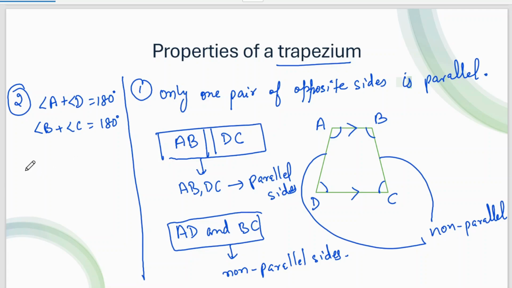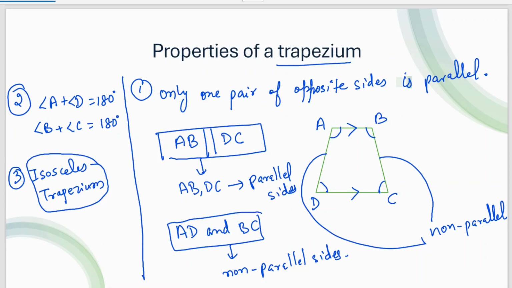Now, there is a term isosceles trapezium. What is the meaning of that? In an isosceles trapezium, your non-parallel sides are equal.